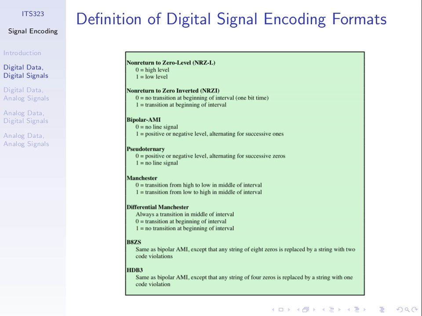So bit 0, transmit a high, positive voltage. Bit 1, transmit a negative voltage. That's the scheme that we've seen in examples, or sometimes the opposite of what I've used in the examples. Non-return to zero means we go between a positive and a negative voltage. We don't transmit at a 0 voltage.